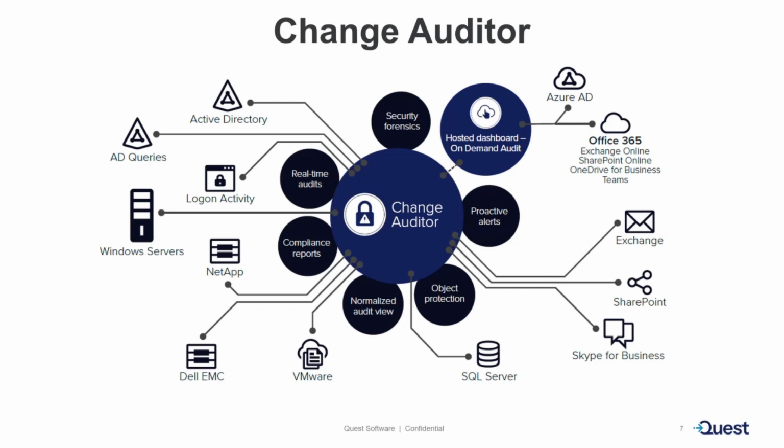It provides a single view of activity across hybrid Microsoft environments, giving visibility into all changes occurring both on-prem and in the cloud. Auditing of hybrid environments and data includes Active Directory, logins, SQL Server, Exchange Server, SharePoint, file servers, and more.